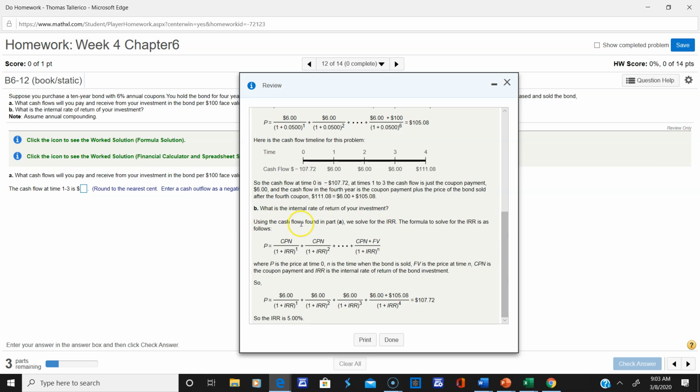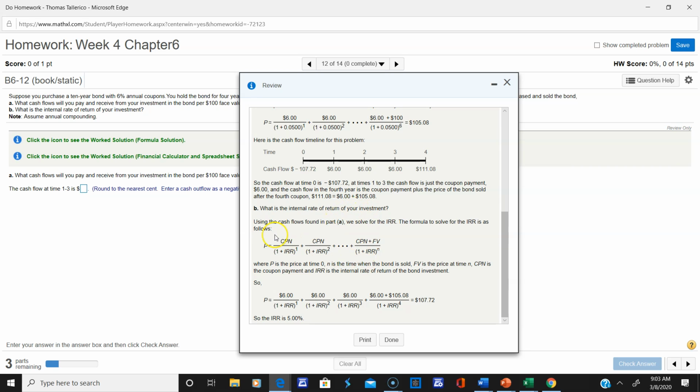Now, the question is, what is the internal rate of return of your investment? The internal rate of return of your investment is simply the $6 coupons plus the cash you received here, the price of the bond, for the 4 years. Because you notice it says your investment.